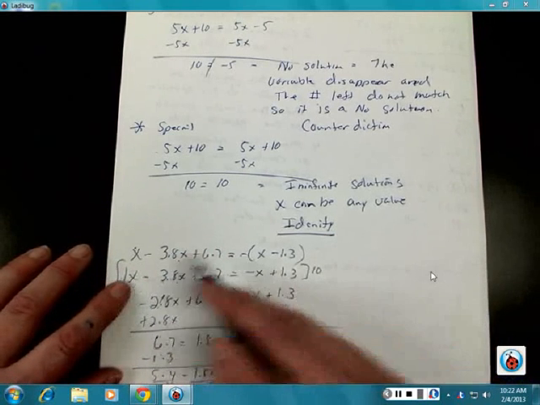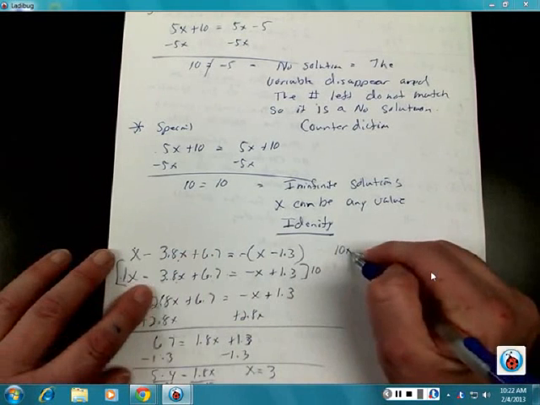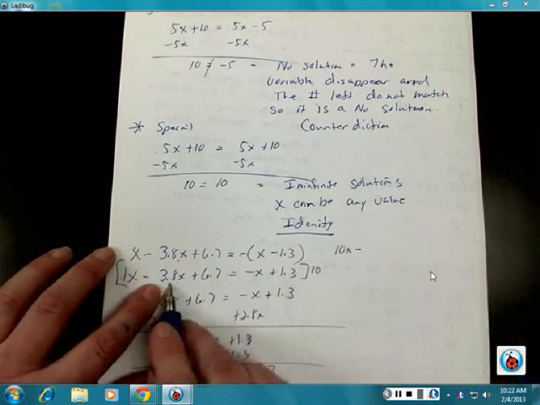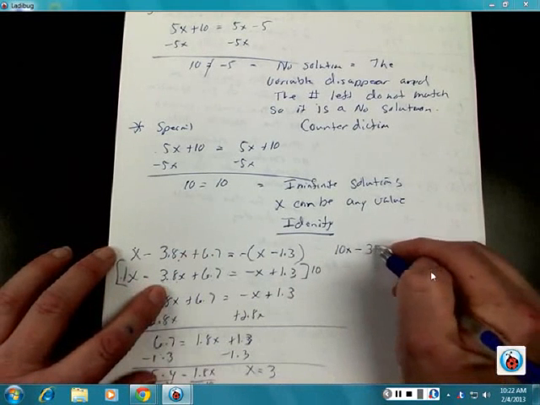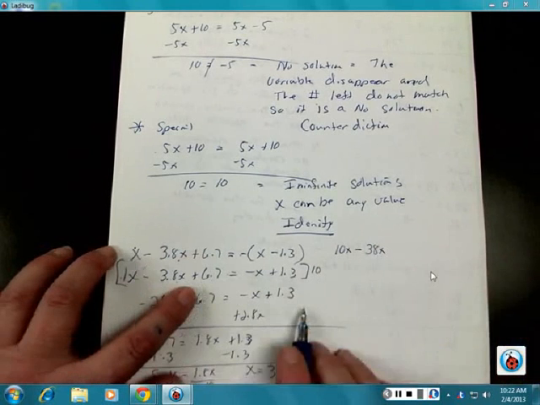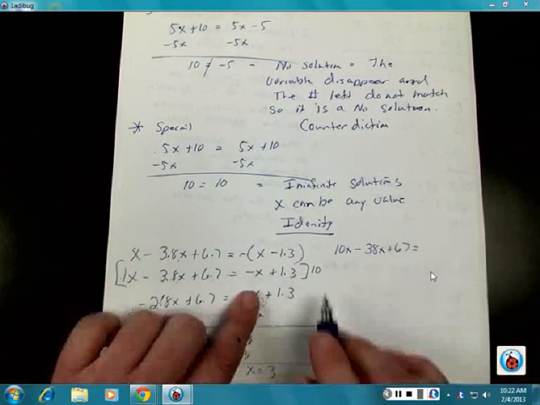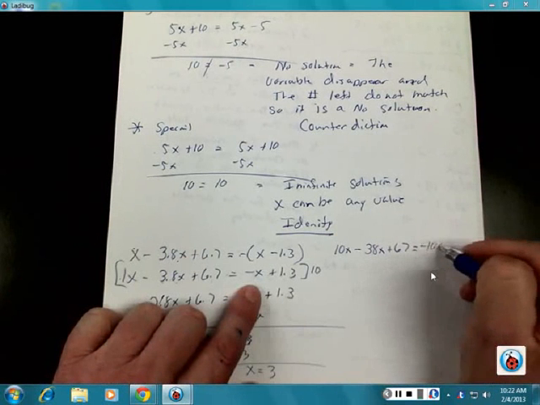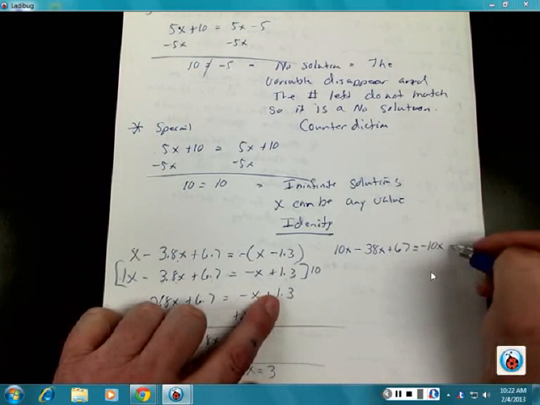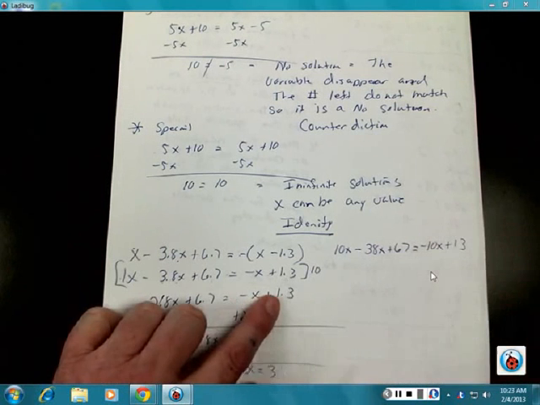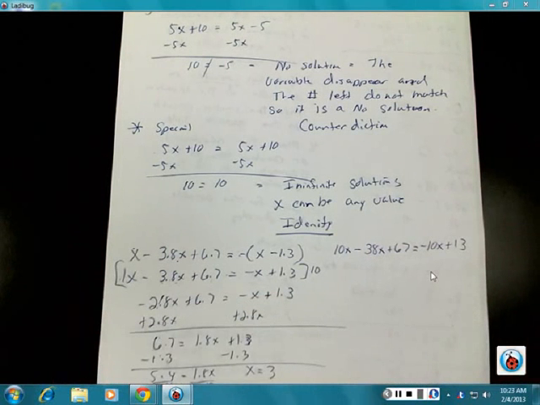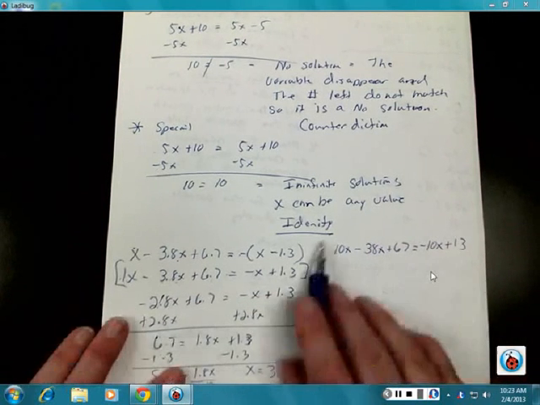So 10 times 1x is going to be 10x. 10 times 3.8 is going to be 38x. 10 times 6.7 is going to be 67. 10 times the negative x is a negative 10x. 10 times this is going to be a 13. And then you have no decimal points involved. So if you want to, you can remove those.